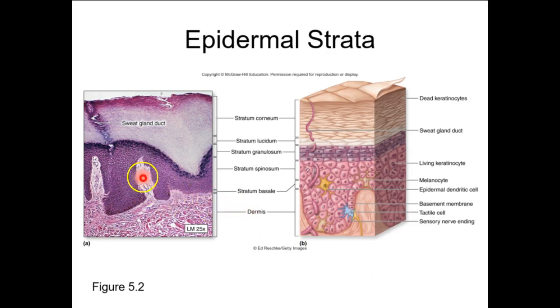So here's the basement membrane. So you can easily identify the stratum basale because it's always going to be adhered to that basement membrane. I think that granular layer is pretty obvious on this one. It's nice and dark, granulated. Lucidum is not as clearly demarcated on this one, in my opinion. But corneum is, at least up here, fairly obvious.